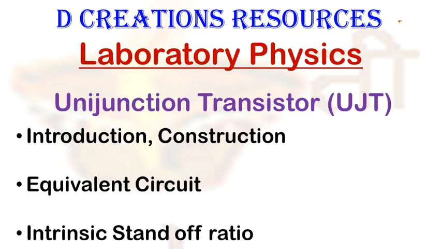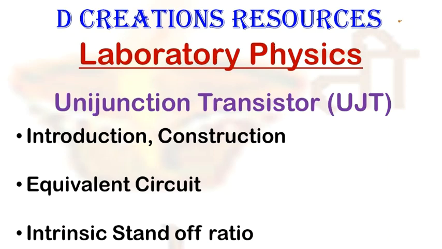Now there is an important concept called intrinsic standoff ratio. So what is this concept? If you consider an equivalent circuit of a UJT, and a battery voltage VBB is applied across its base terminals B1 and B2, then as the emitter is open, the applied voltage VBB will divide itself across resistances RB1 and RB2. So what will be the voltage across the resistance RB1?